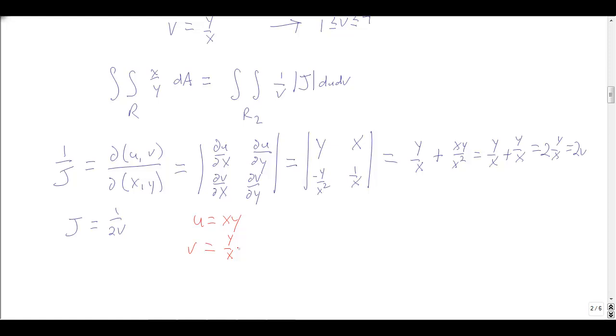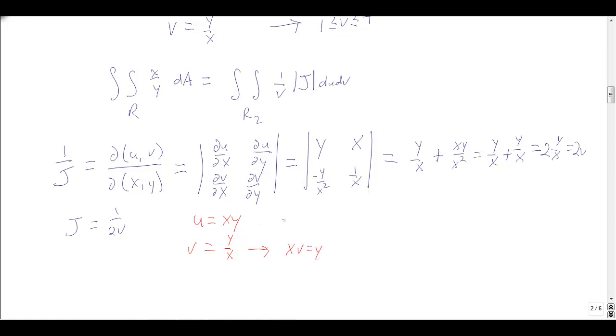Let's see here. What we could do is multiply both by x. Let's try that. Well, no, don't really need to do that. If I multiply this second one by x, what I'll get is xv equals y.